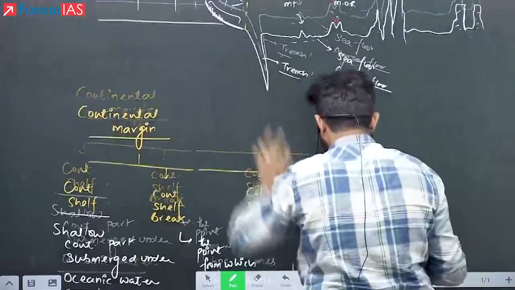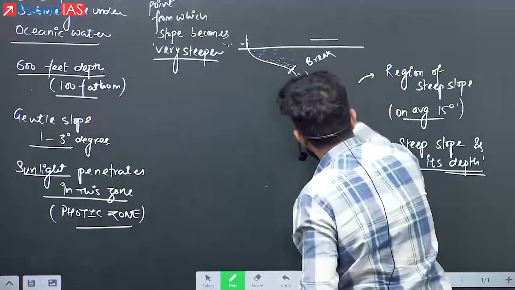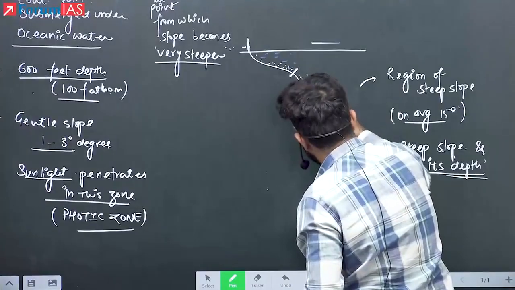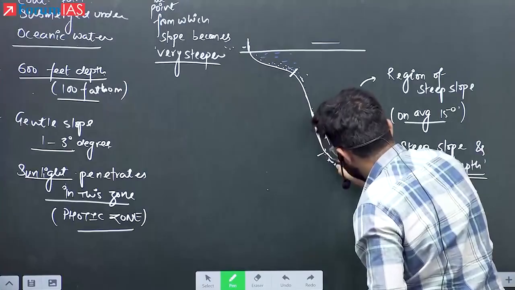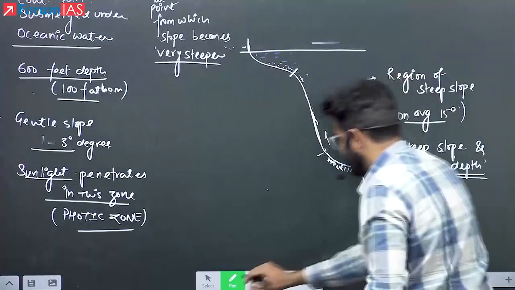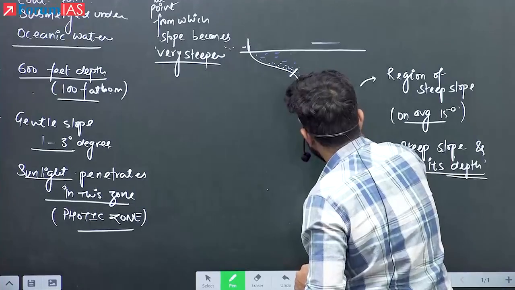So if you want to make this diagram, you can add here. Again, some continental part will rise in this way, and then the trench will be there. So you can make some sediments which are falling down.